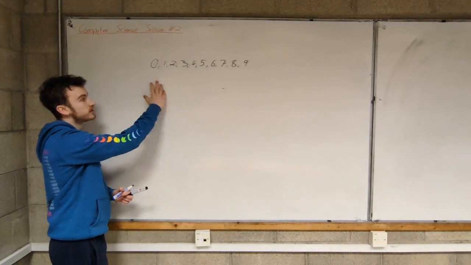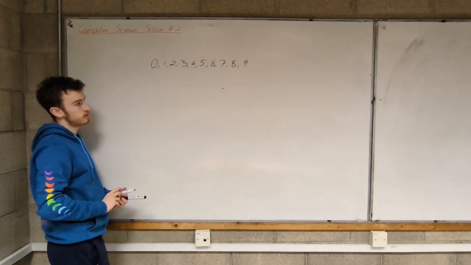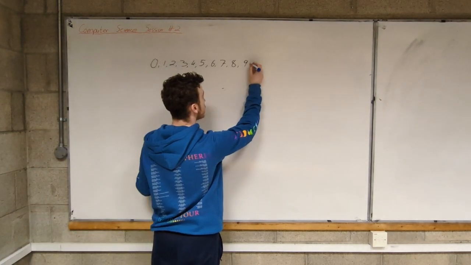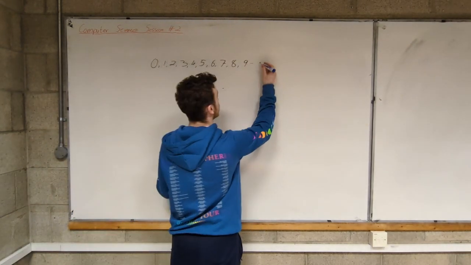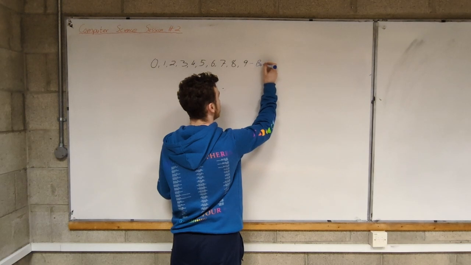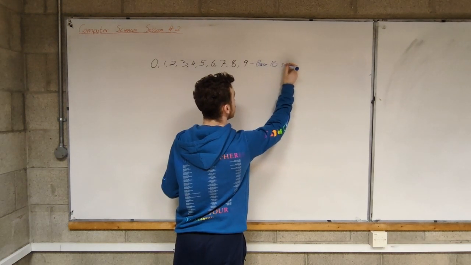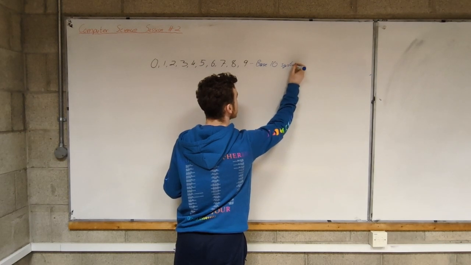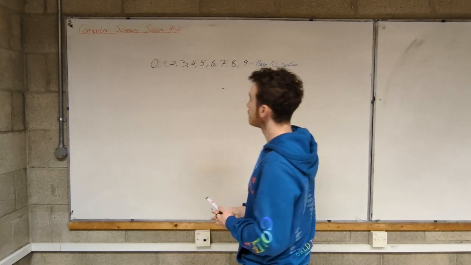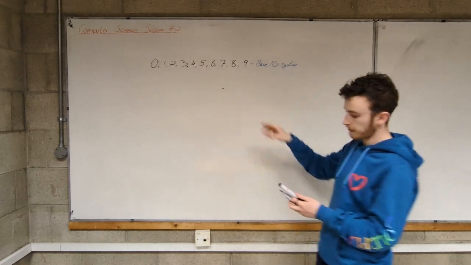So, 0 to 9, 10 numbers. So, our number system is what's referred to as a base 10 system, because we have 10 basic numbers.